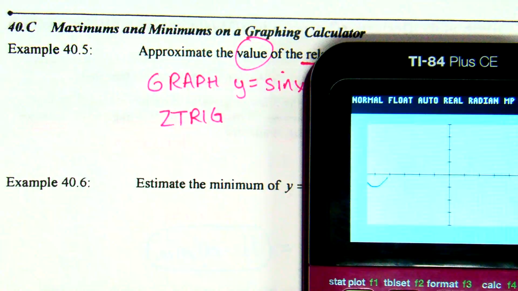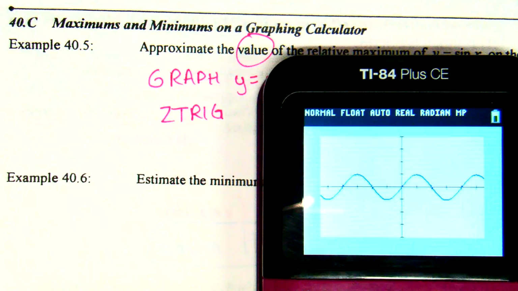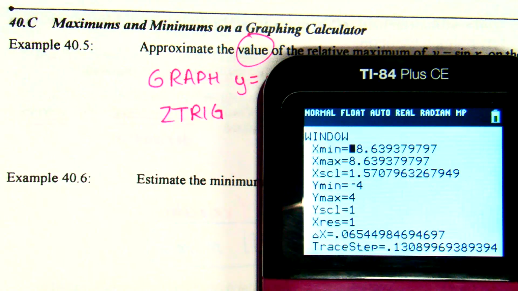Now, what interval did it specifically say? 0 to pi. What are those 0 to pi values? X's or Y's? X's. So what I would recommend you do then is go to your window settings, hit the window button, and change my X min to, what's the farthest left I need to see? 0. Change your X max to pi, because that's all we need to see is from 0 to pi, and then regraph it.